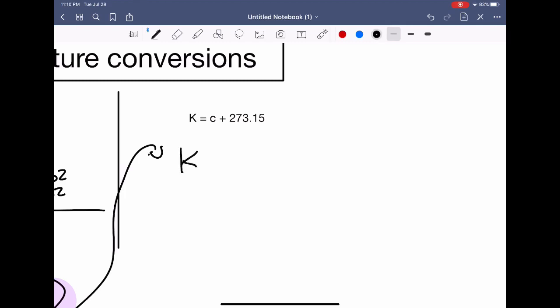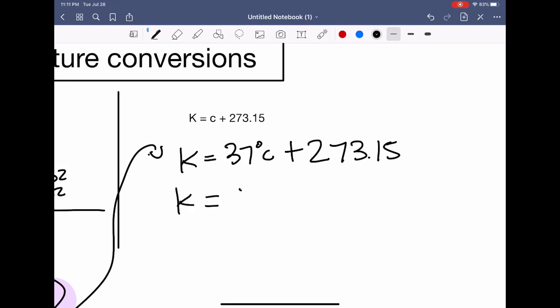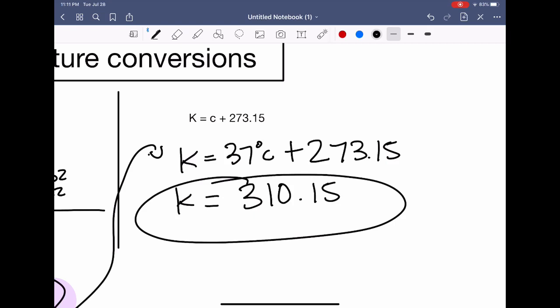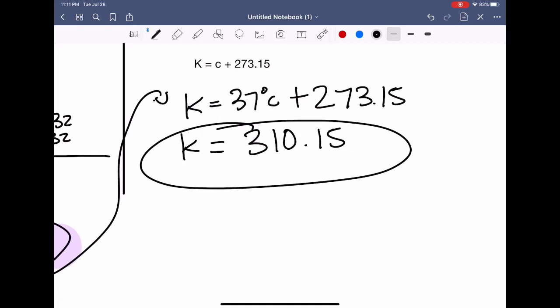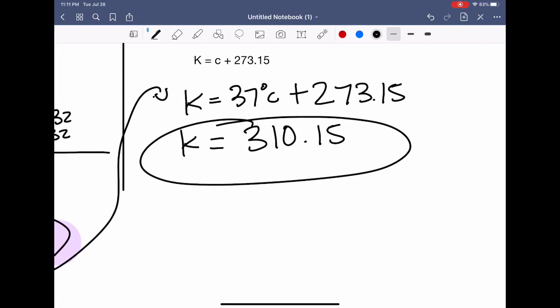So you want to know Kelvin. K equals Kelvin, 37 degrees Celsius, because it's what we have, plus 273.15. In this case, it's just simple addition. Equals 310.15.